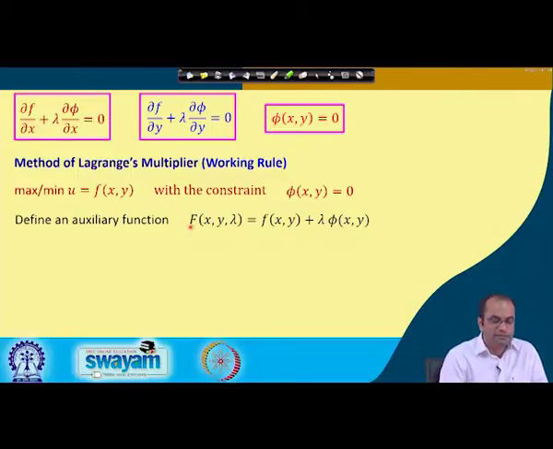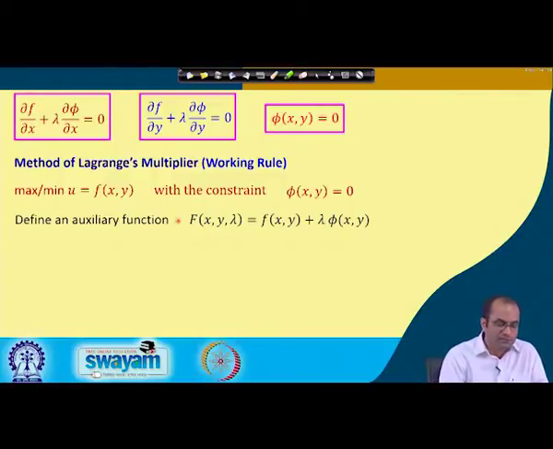In fact, this idea can be extended for when we have many constraints like phi 1, phi 2 and so on. Again we have to introduce lambda 1 phi 1, then plus lambda 2 phi 2. So, we have to introduce more lambdas. But we are discussing just one constraint.